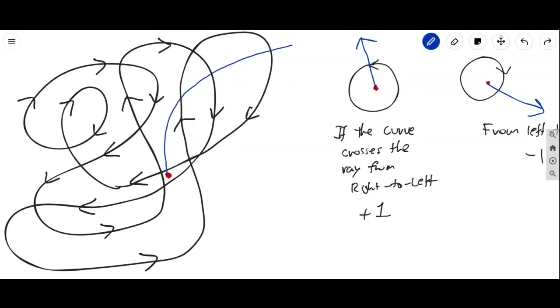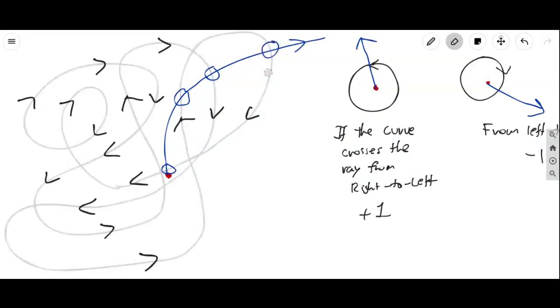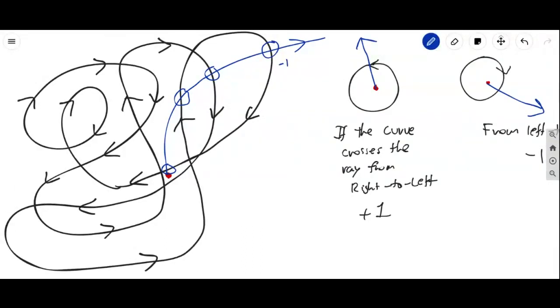So let's say you draw a curved line, escaping out like this. Then you're just going to find all of the places where you have an intersection. So you have an intersection over here, over here, over here, and over here. So you just find what those intersections are. This one, the orientation goes from left to right. So if it's from left to right, it's -1.